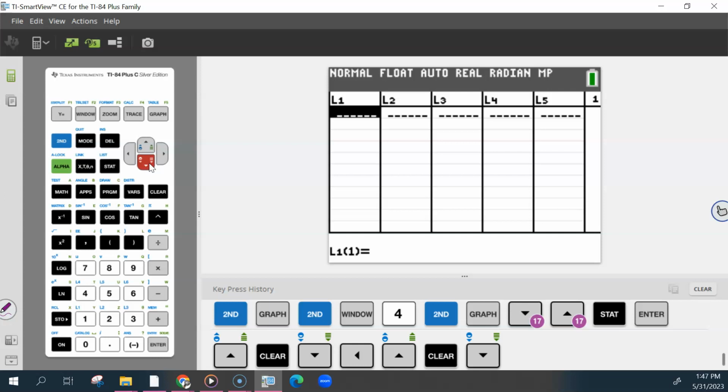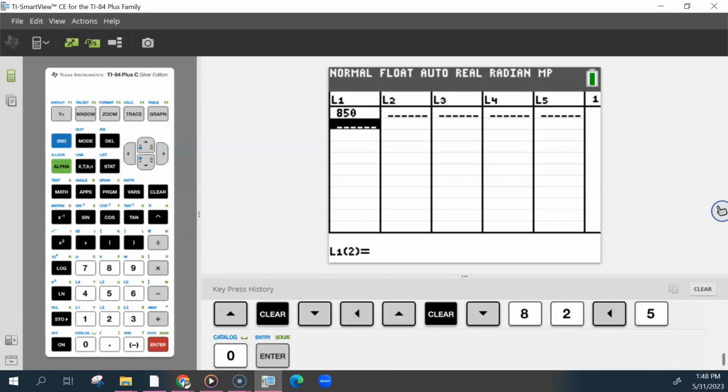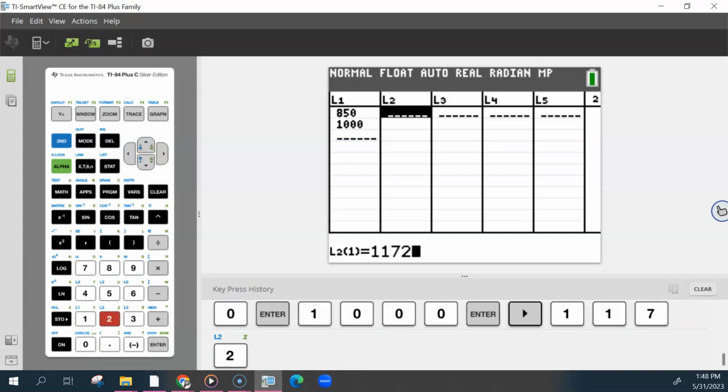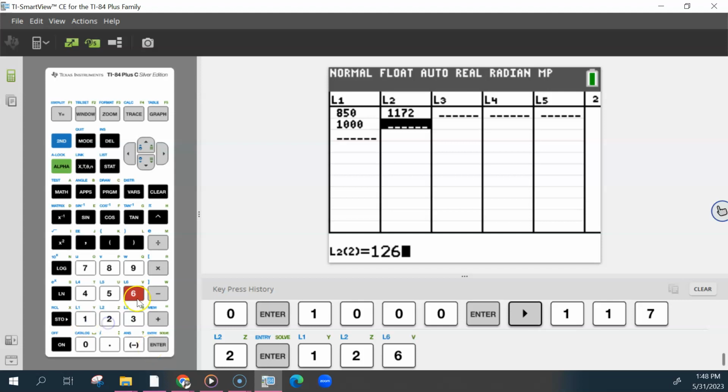So 850 and 1,000, and then 1172 and 1268.